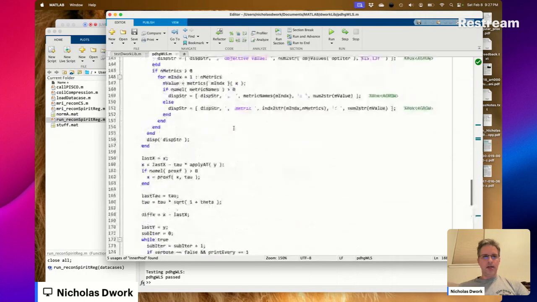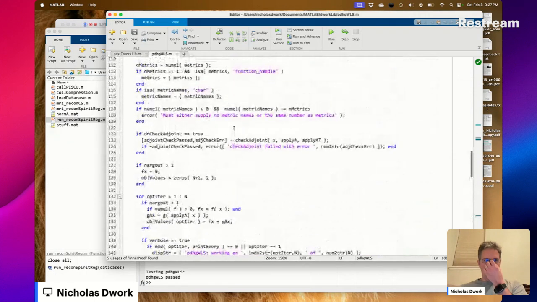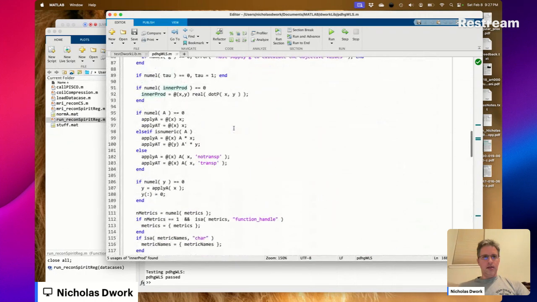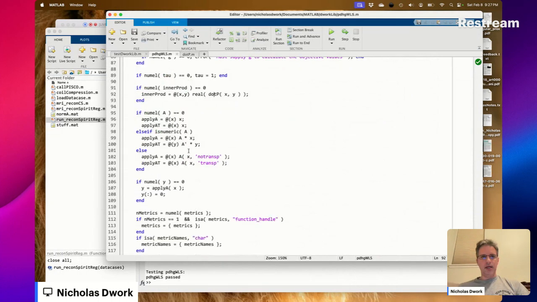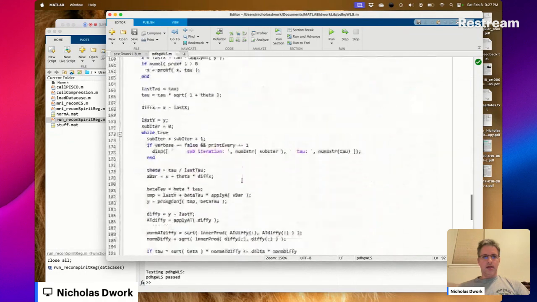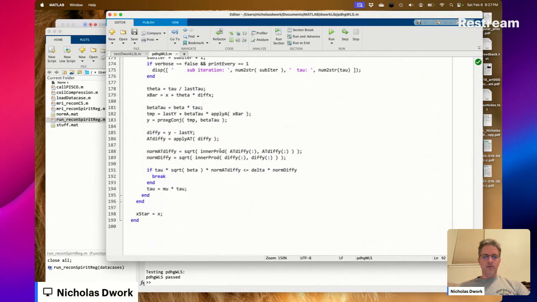And what is inner product? It's up here. The real part of the dot product, and the dot product is the conjugate transpose of B times A. Okay. So that seems right.